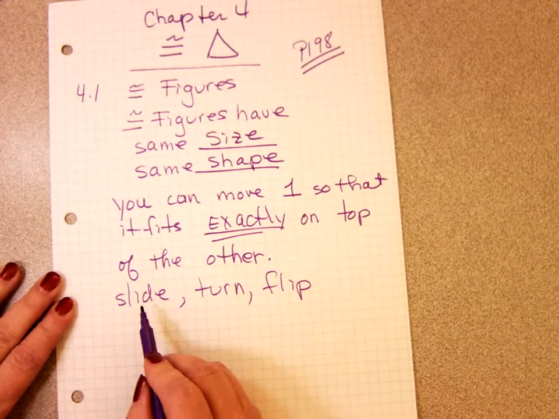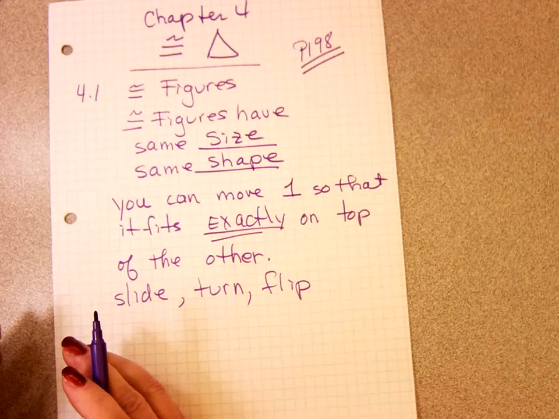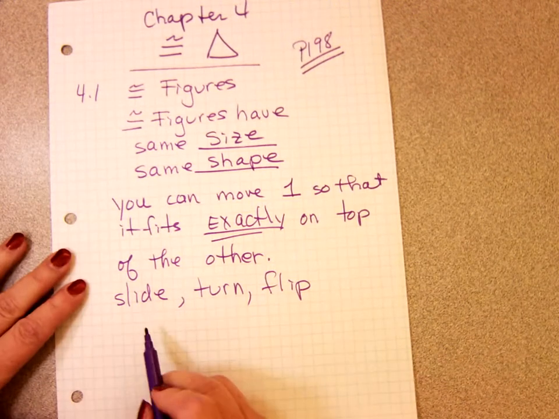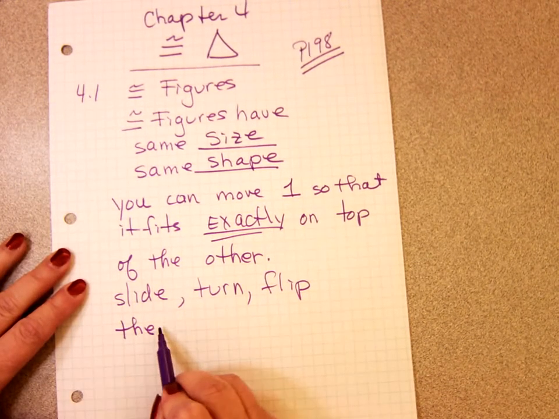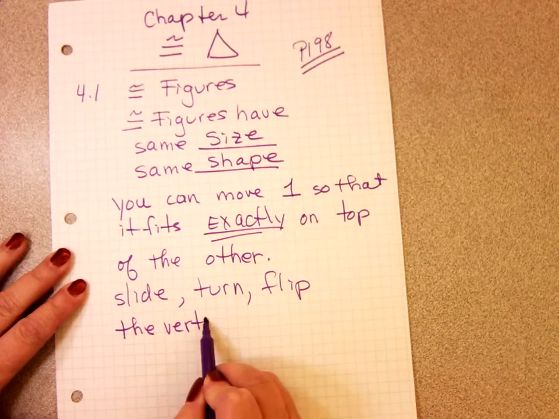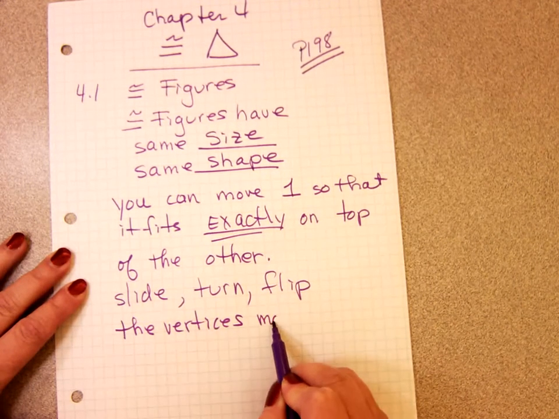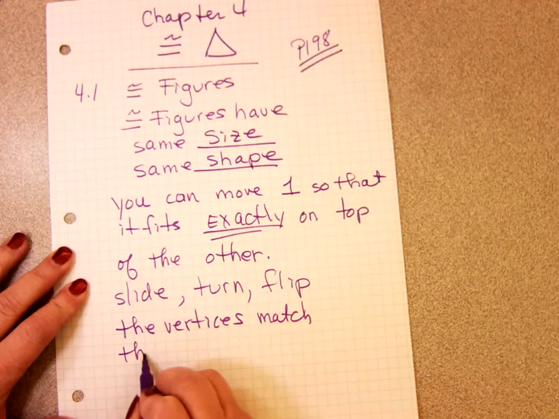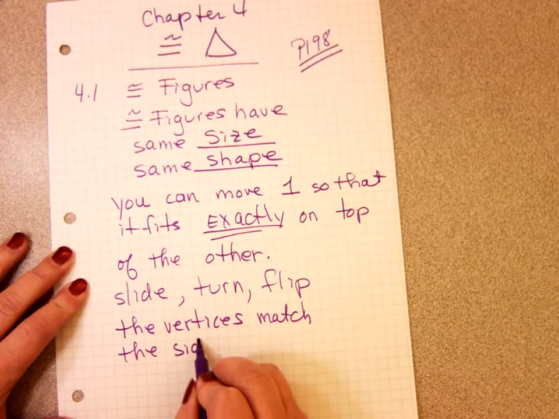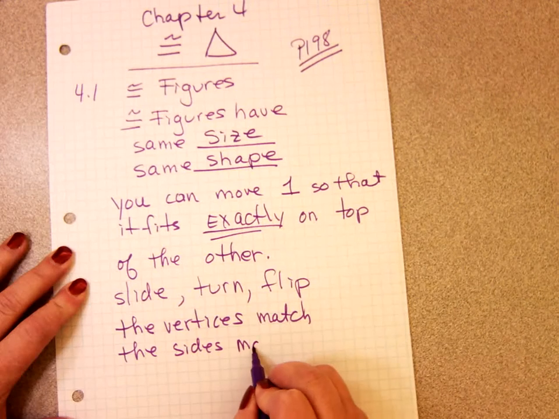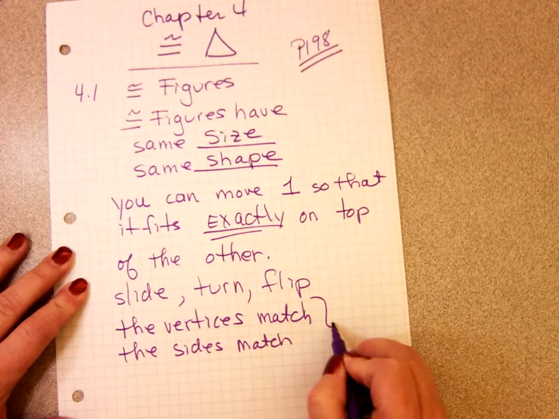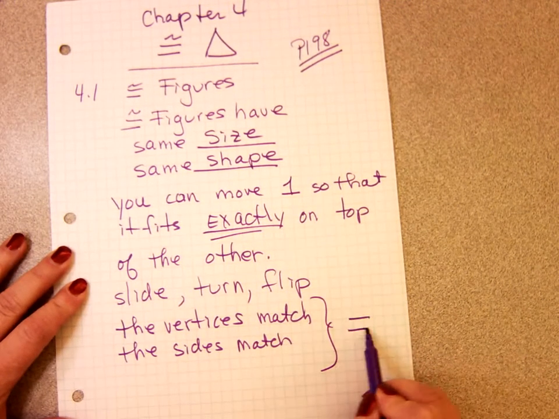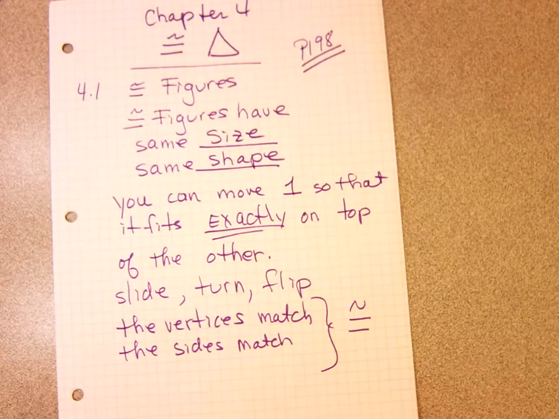So if you slide one image onto the other and the vertices match and the sides all match, then that figure is said to be congruent.